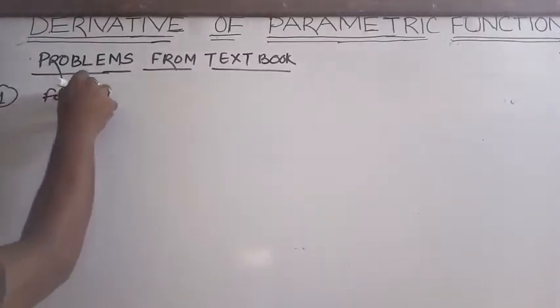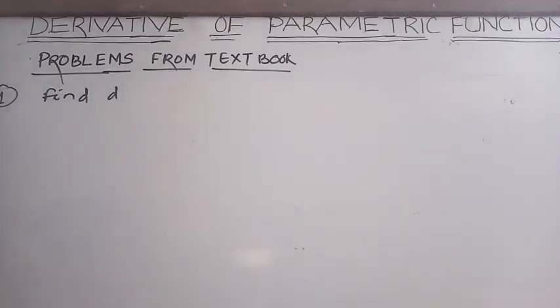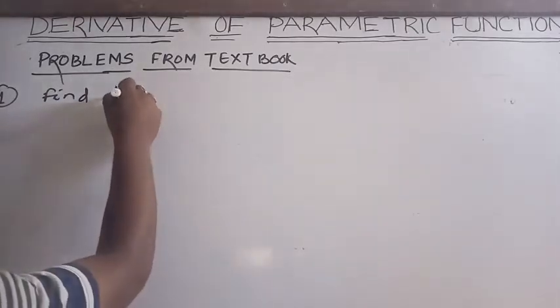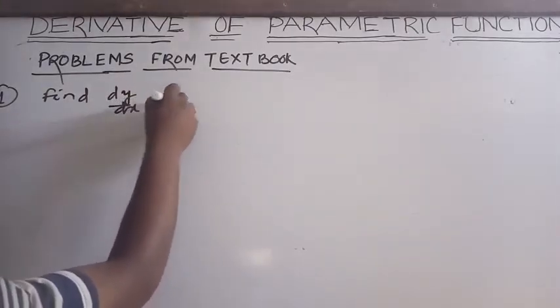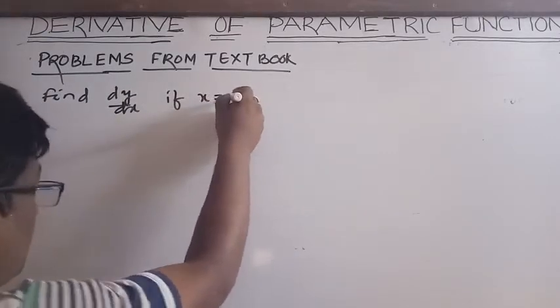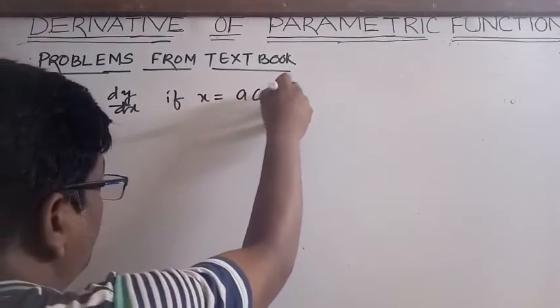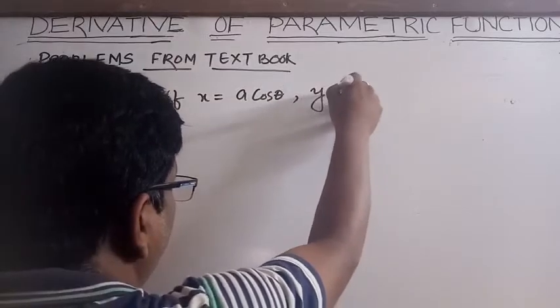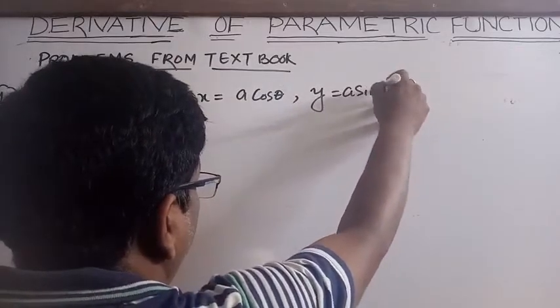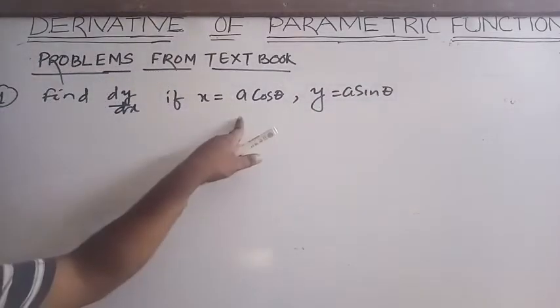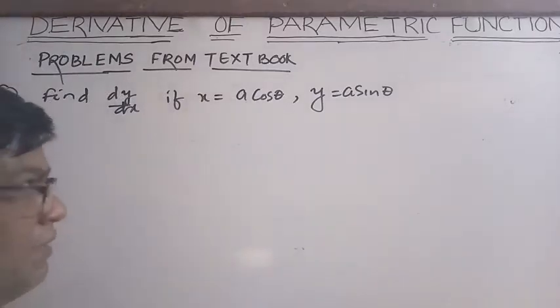Find dy by dx if x is equal to a cos theta, y is equal to a sin theta. Here a is constant and theta is the parameter.